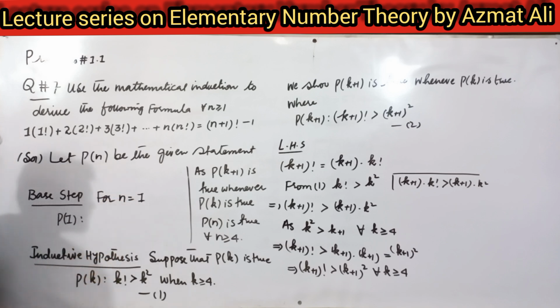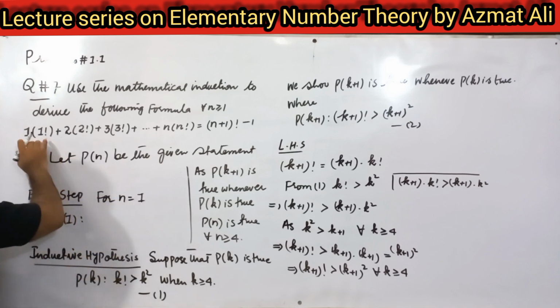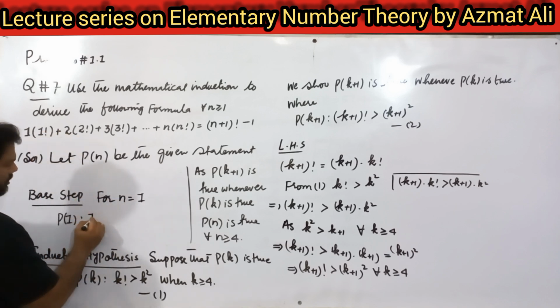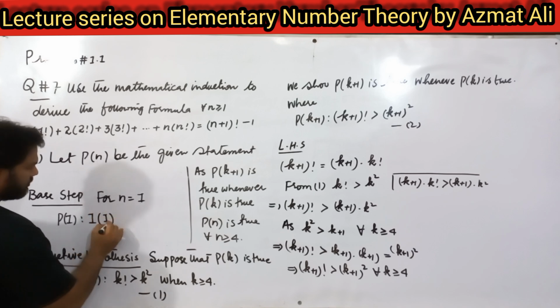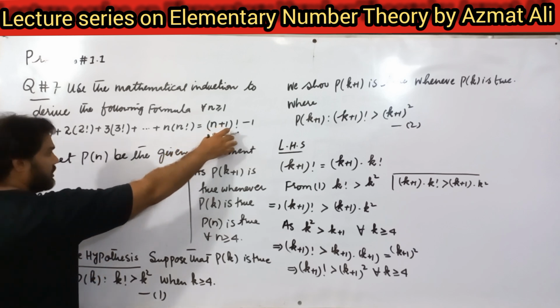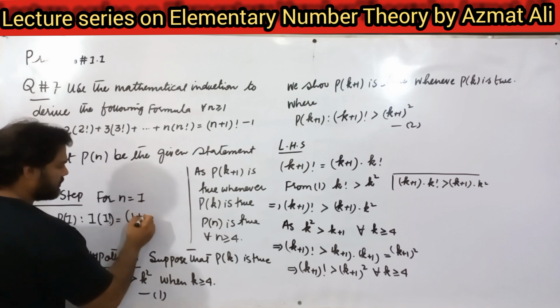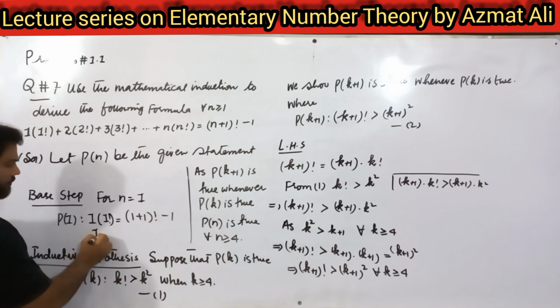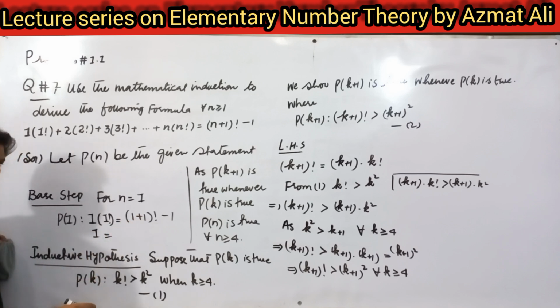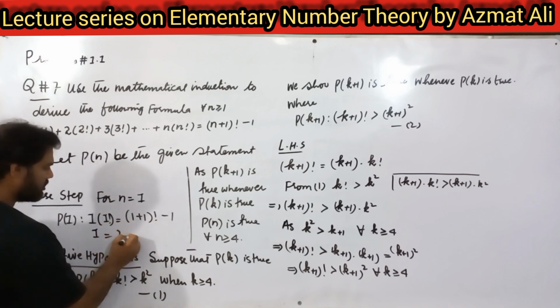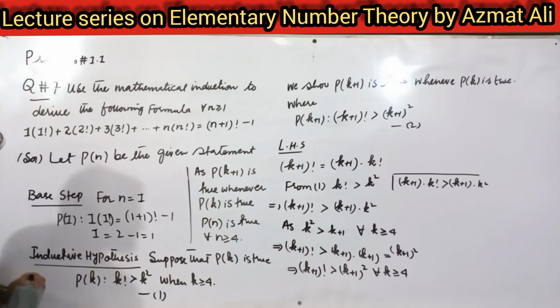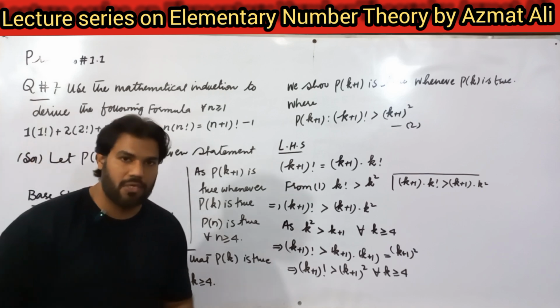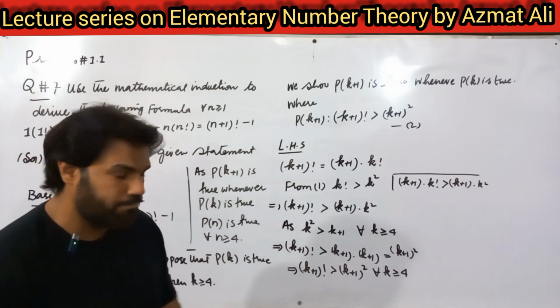If you put n is equal to 2, we will take the sum of two terms. So this is 1 into 1 factorial on the left side, and on the right side we put n is equal to 1 in the formula. This becomes (1 plus 1) factorial minus 1. 1 factorial is 1, 1 into 1 is 1. 1 plus 1, 2 factorial is 2. This is 2 minus 1, which is also equal to 1. So the left side is equal to the right side. Hence the statement is true for n is equal to 1.